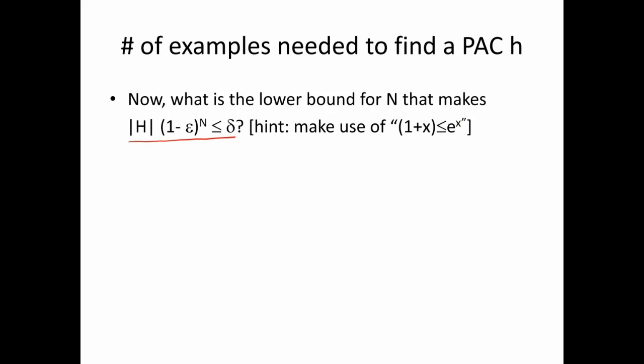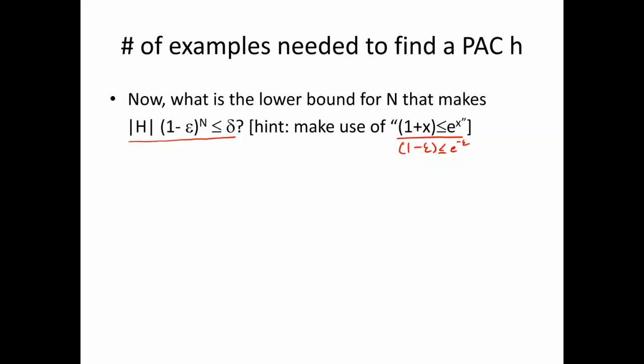And for this, we're going to make use of the fact that 1 plus x is less than or equal to e to the power of x. And if we plug in negative epsilon in place of x, we get 1 minus epsilon is less than or equal to e to the power of negative epsilon.